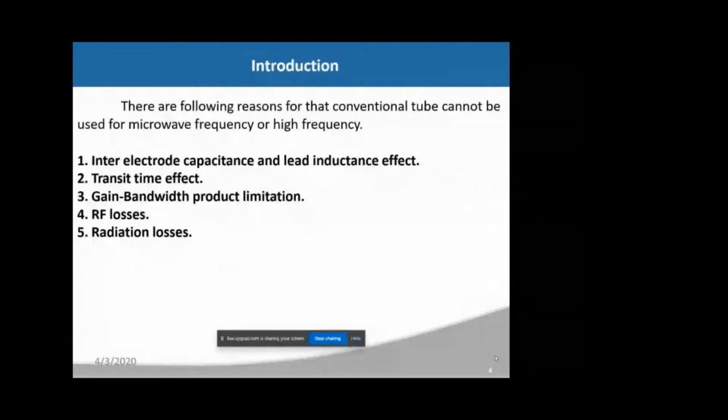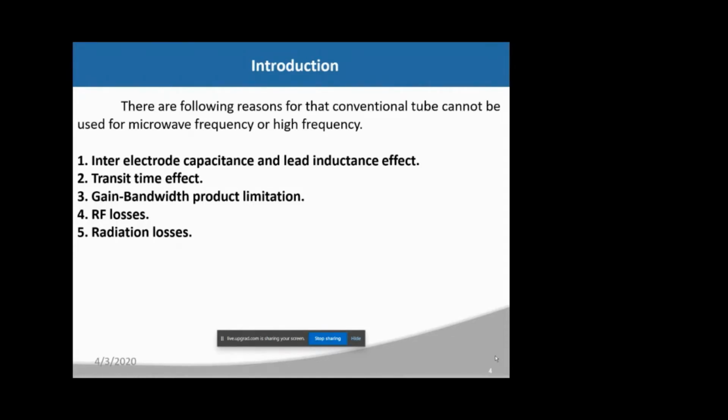There are certain reasons why we cannot use these conventional tubes at microwave frequency. The first one is the inter-electrode capacitance and lead inductance effect. Second is the transit time effect. Third is the gain bandwidth product limitation. Fourth is the RF losses, and fifth is radiation losses.